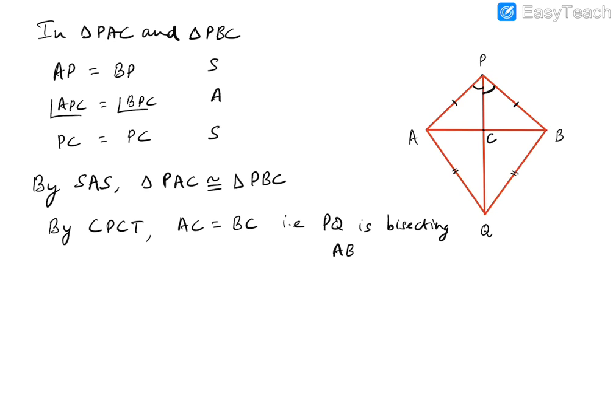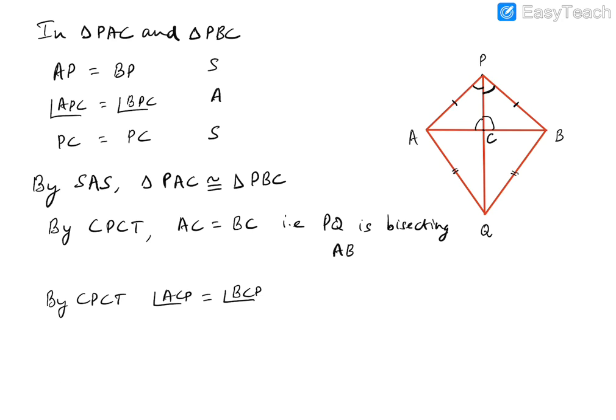Again, by CPCT, because these two triangles are congruent, we can say that the angles ACP and BCP are equal. Angle ACP equals angle BCP. That means this angle and this angle are equal. Okay, we know that they are equal now, but we still haven't proved that they are 90 degrees.